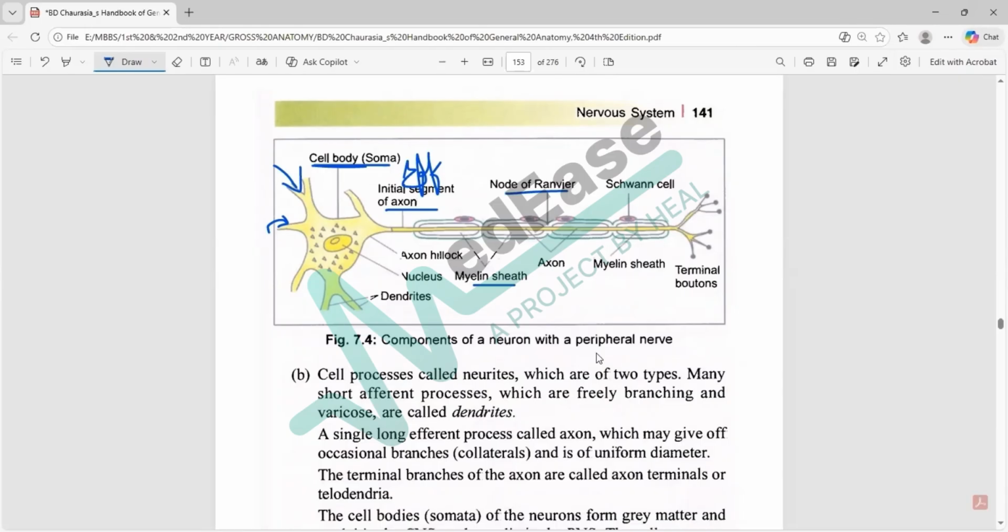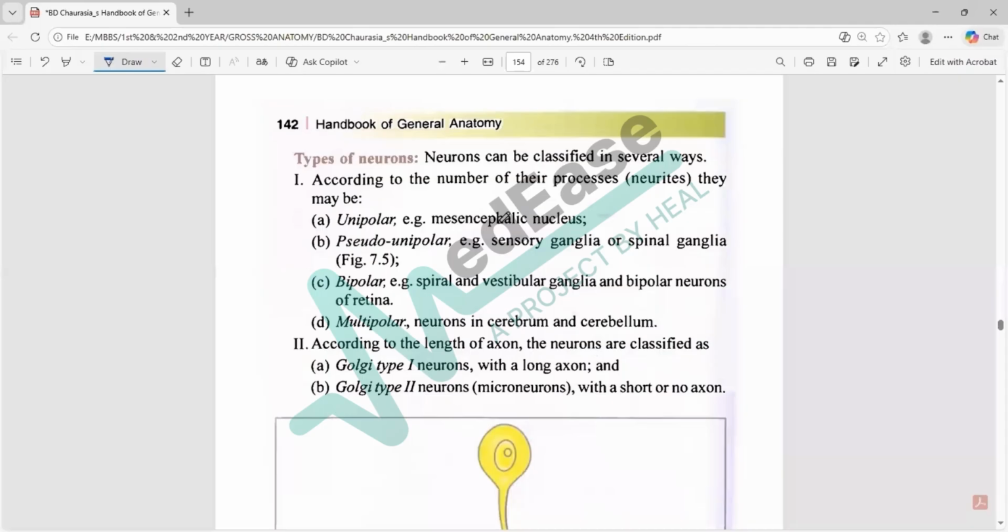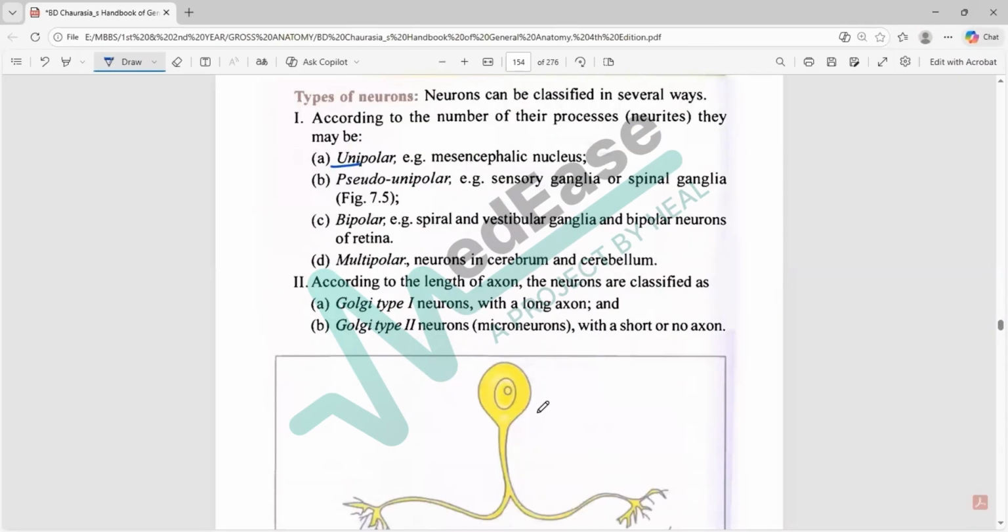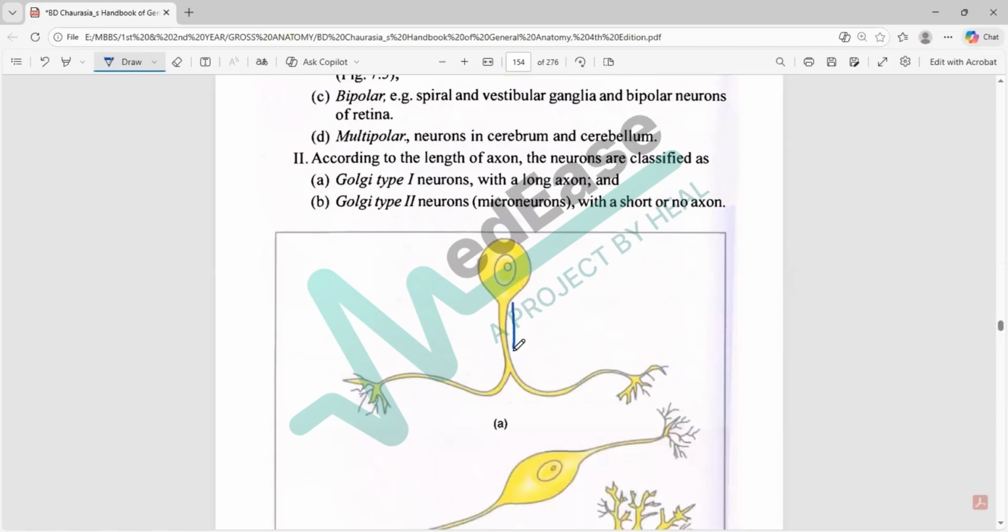Now, when we talk about the types of neuron, we need to remember there are different types. We have the unipolar neuron, which has only one process. But the unipolar is further classified as the pseudo unipolar. Here you can see the unipolar as well as the pseudo unipolar. It is unipolar because it has only one process, but the correct term for this neuron is pseudo unipolar, because just after it gives off this process, it divides into two parts.